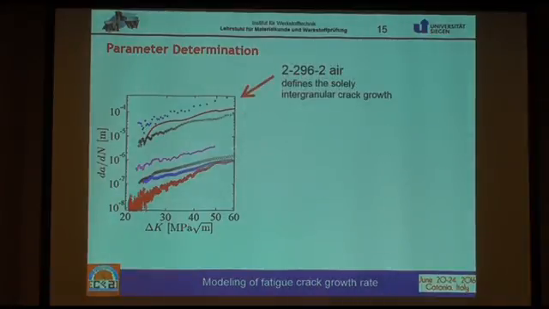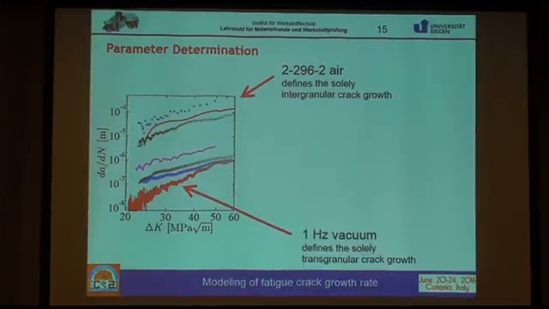You see here, if we are using a test with the longest dwell time, this is a solely intergranular crack growth test where no transgranular crack propagation takes place. We can now, of course, take from this line the parameters to describe the intergranular crack growth, and we have the vacuum test, and this is very important here. Vacuum means there is no kind of dynamic embrittlement, so this is solely transgranular crack growth, and then we can obtain from this, for all the temperatures we studied, the Paris parameters.